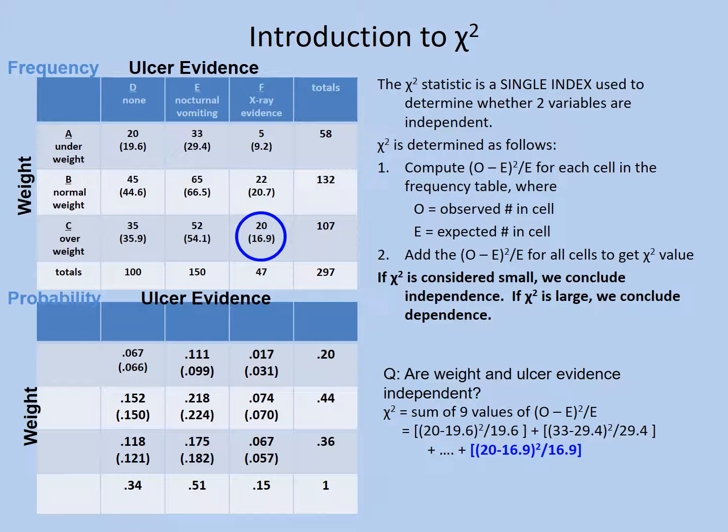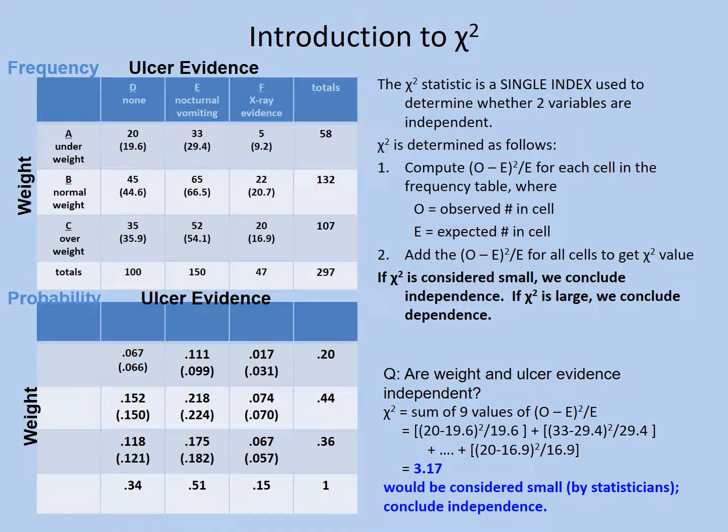And the last of these 9 values would correspond to those subjects who are overweight and have X-ray evidence, and that would be given by 20 minus 16.9 quantity squared divided by 16.9. When we add up all 9 values of O minus E squared over E, we obtain the chi-square statistic 3.17.